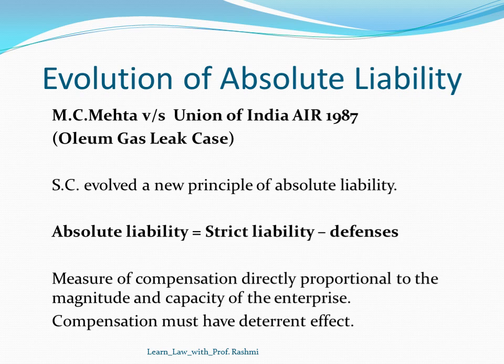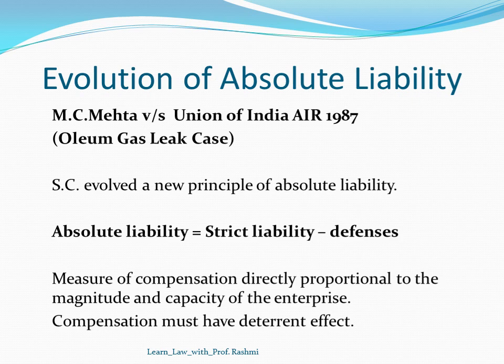What does absolute liability simply mean? Absolute liability simply means that it is strict liability but no defenses would be allowed. So strict liability minus defenses is absolute liability. What is the difference between strict liability and absolute liability? In strict liability, certain exceptions are available, and in absolute liability, no exceptions.